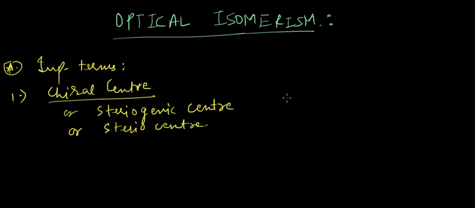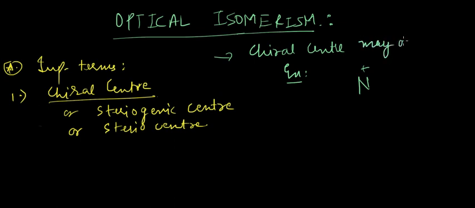One more thing: there is no rule of thumb that a chiral center has to be carbon. A chiral center may or may not be a carbon atom.